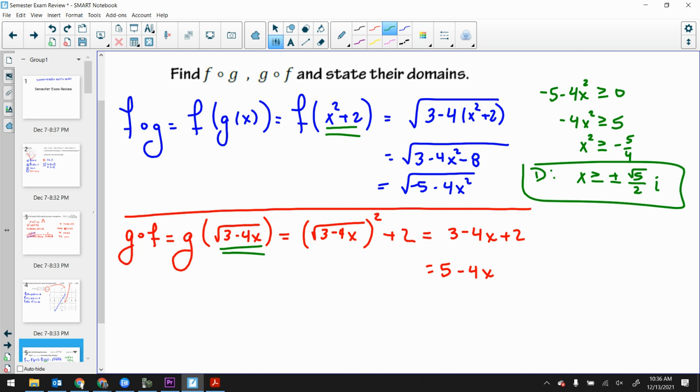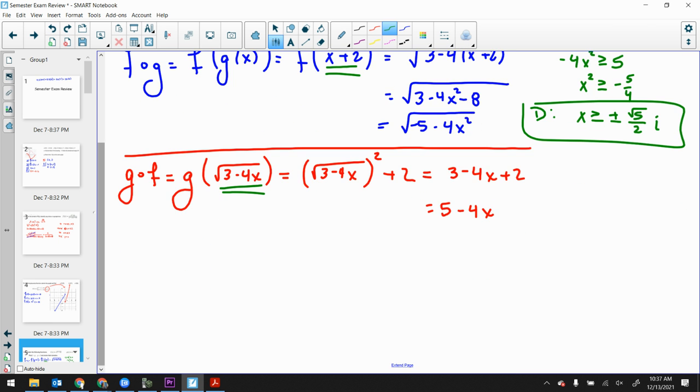Yes, I do, because since it's a square root, 3 minus 4x has to be greater than or equal to 0, right? Subtract the 3. Divide by negative 4, flip the symbol. X is less than or equal to 3/4.